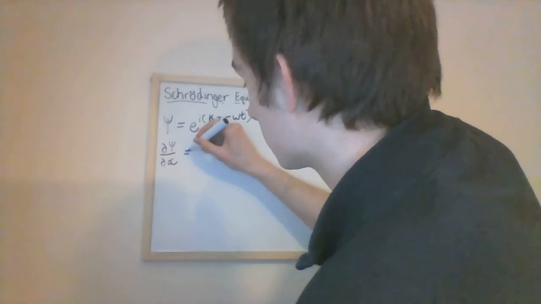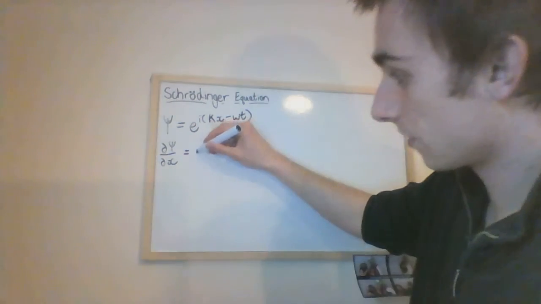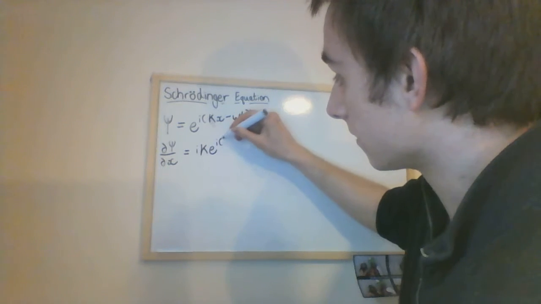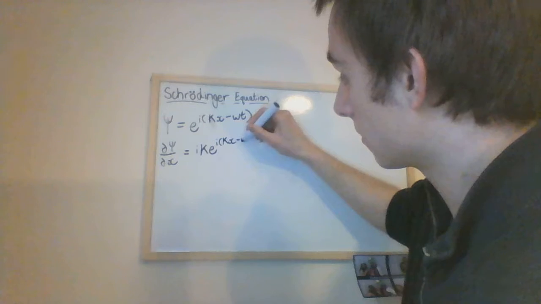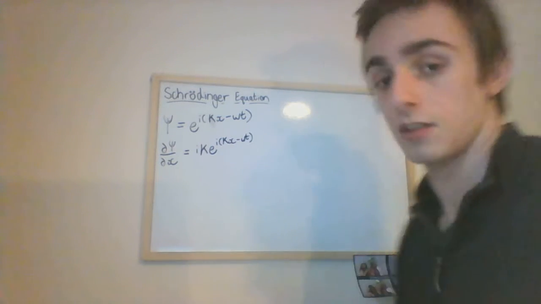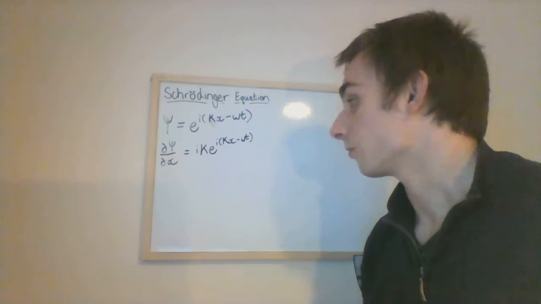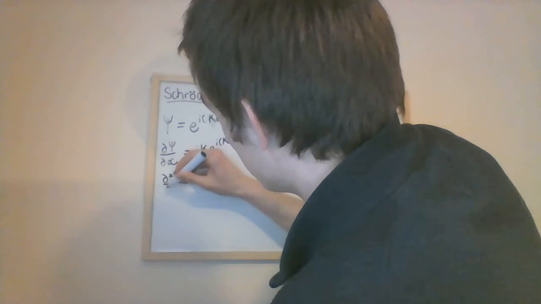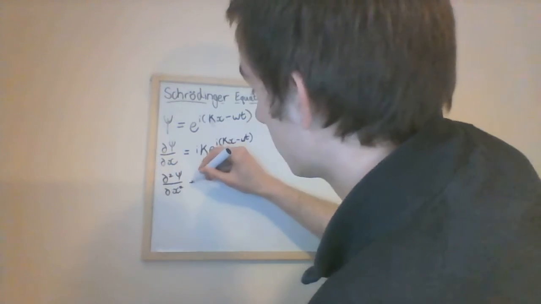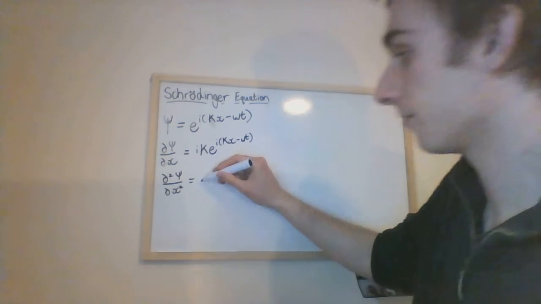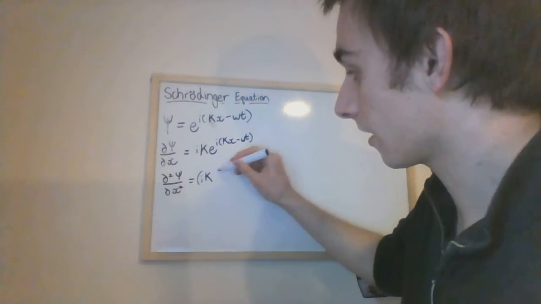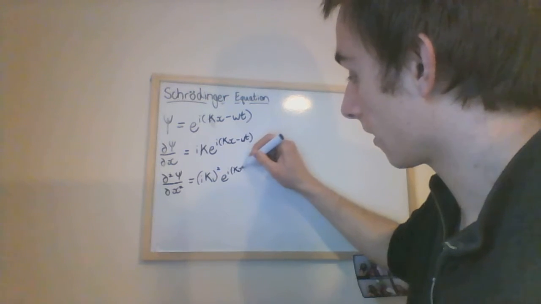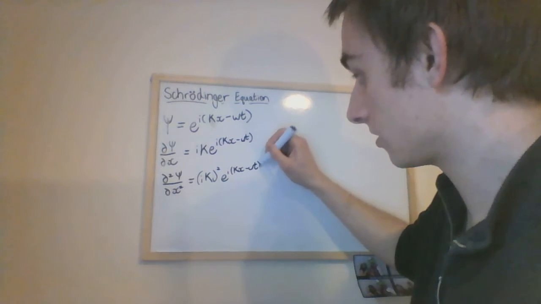dy/dx equals ik e to the i(kx minus omega t). Okay, that was fun. Let's do it again. d2y over dx squared equals (ik) all squared e to the i(kx minus omega t).